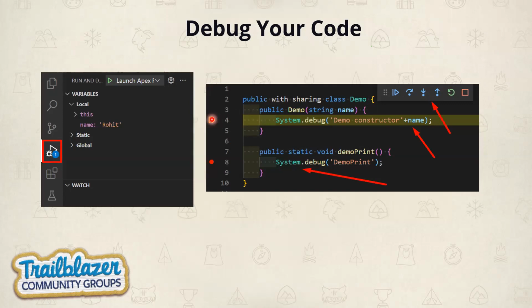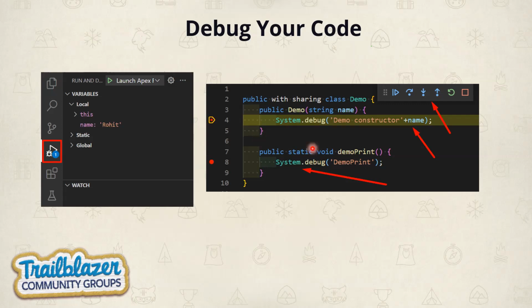You can see this yellow line, it automatically comes here, the line is highlighted, and it prints out the name value under the variables. Under the variables you can see local, this, and then name. I already passed the value Rohit, so that's why you can see Rohit under name. In your case you can pass anything, so you can see your value here, right?